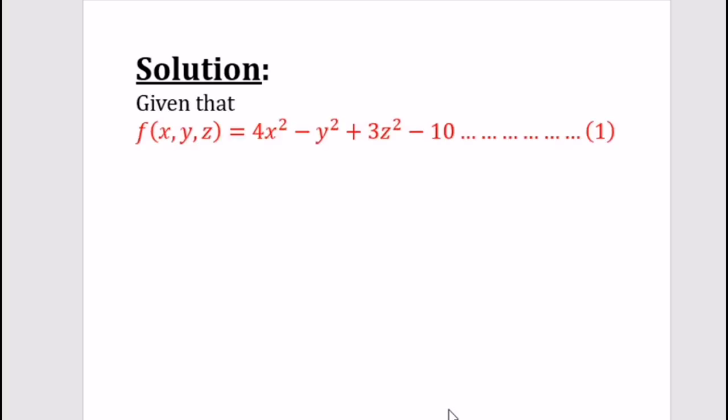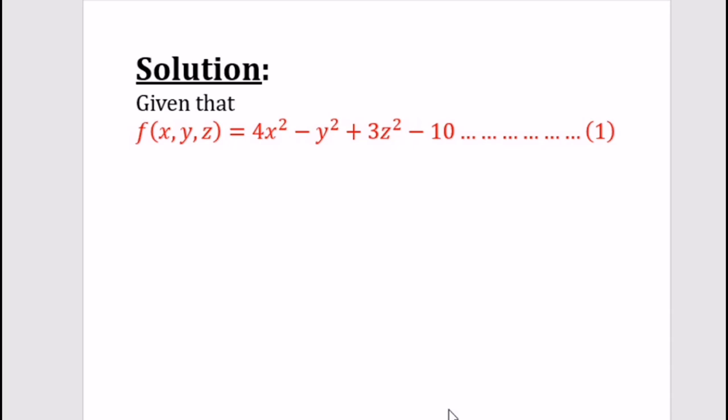We start the solution by saying that f(x, y, z) is equal to 4x squared minus y squared plus 3z squared minus 10. We name it as equation 1. Now we need fx at P, fy at P and fz at P.